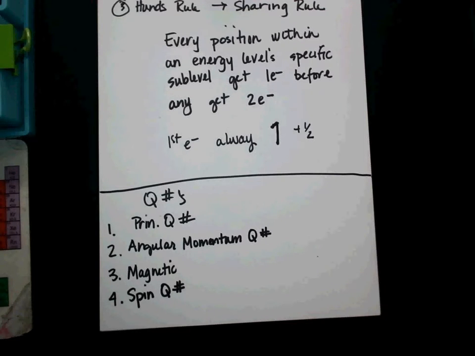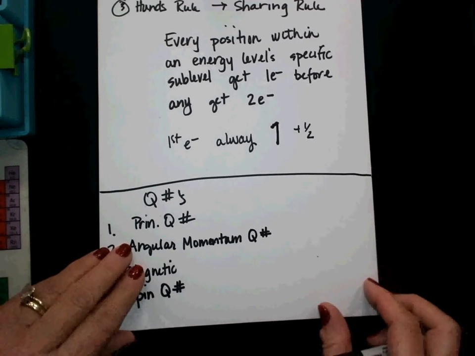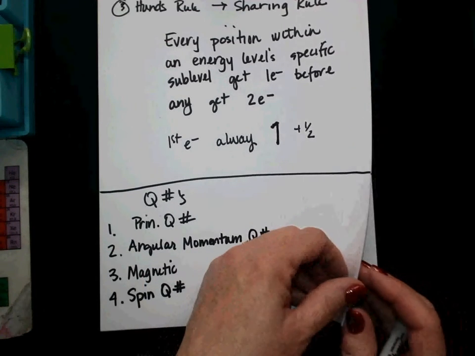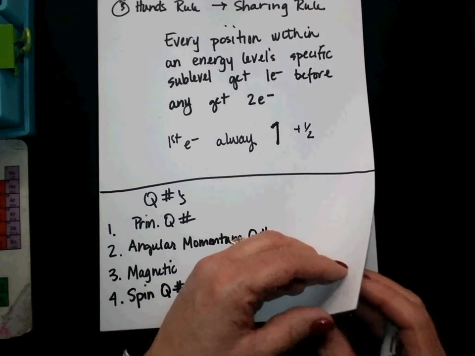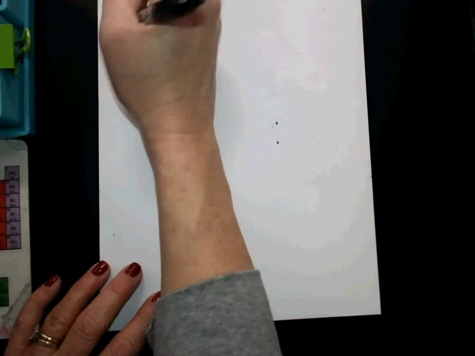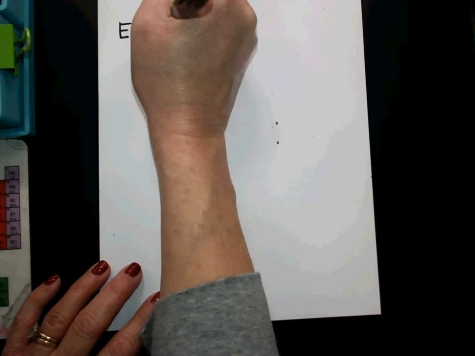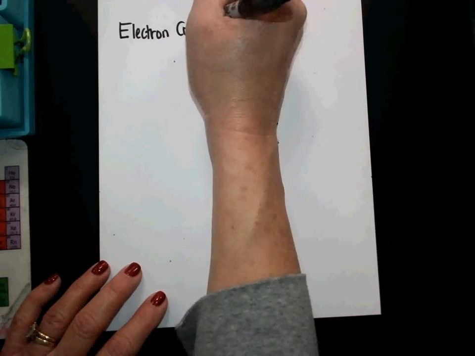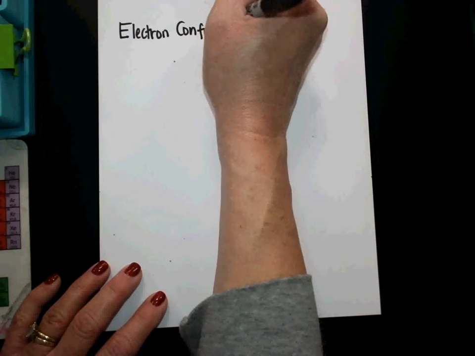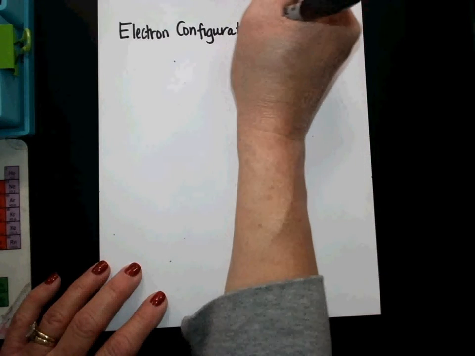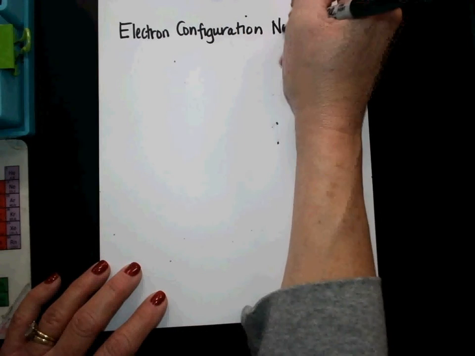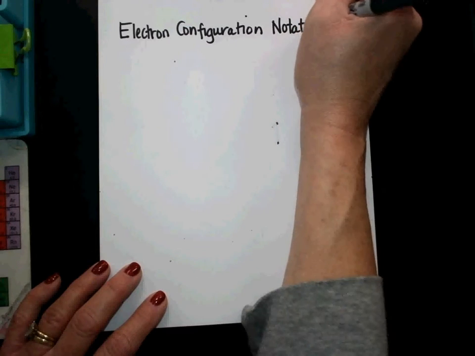Now let's start using them. Get that little card out that we made yesterday. So we're going to use it. And we're going to do something called electron configuration notation.